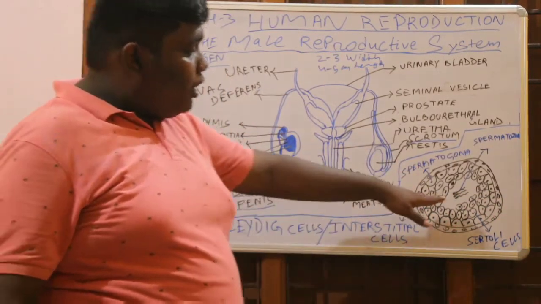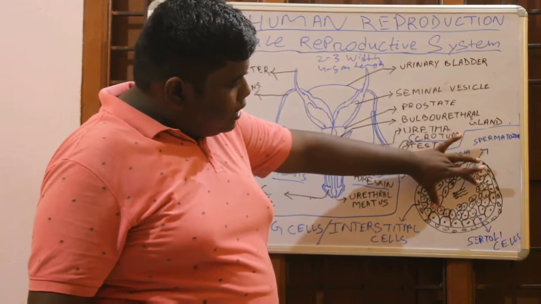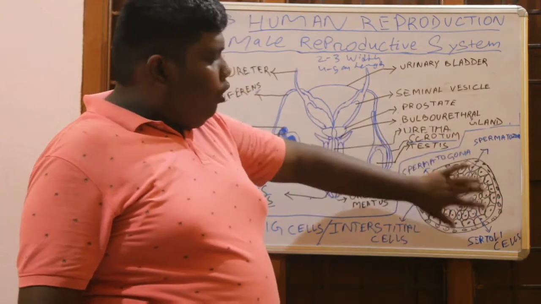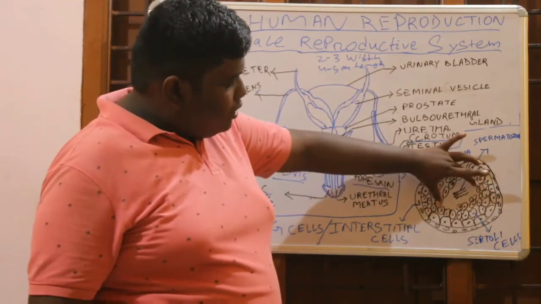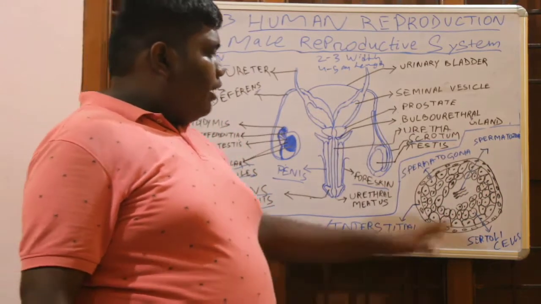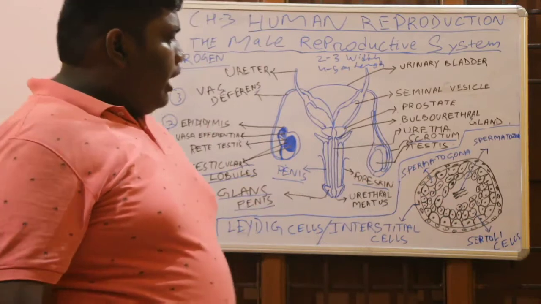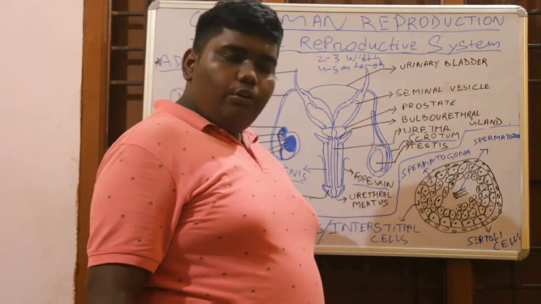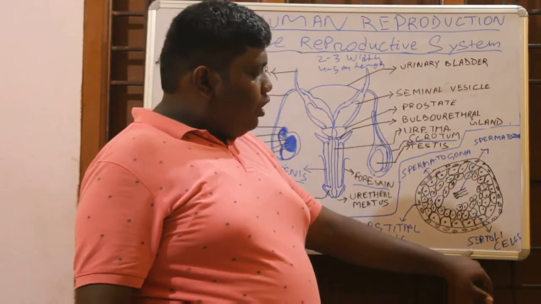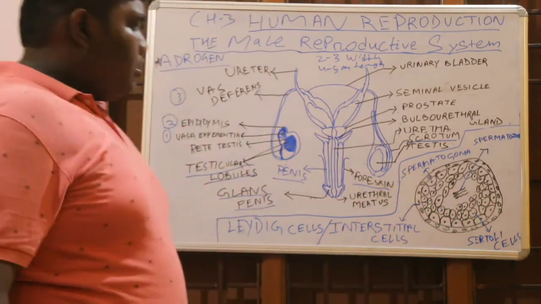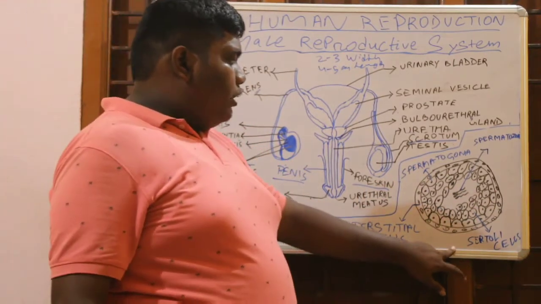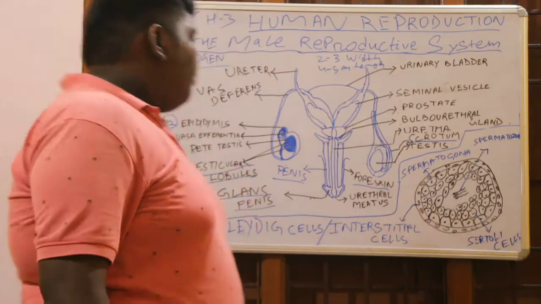Now these spermatozoa are present in a small vacuum-like space within the seminiferous tubule, and these sperms are provided nutrition by cells called Sertoli cells. These Sertoli cells provide nutrition to the spermatozoa.